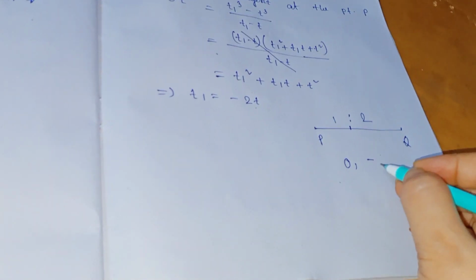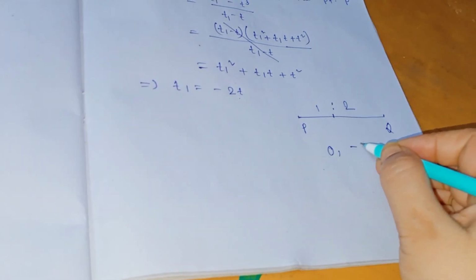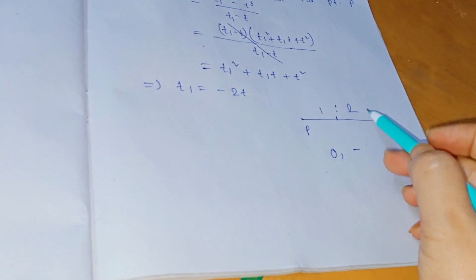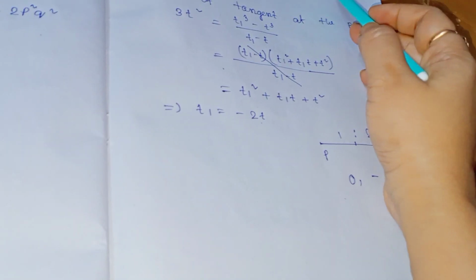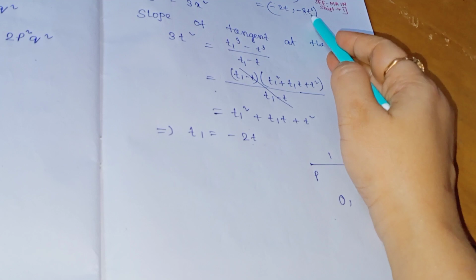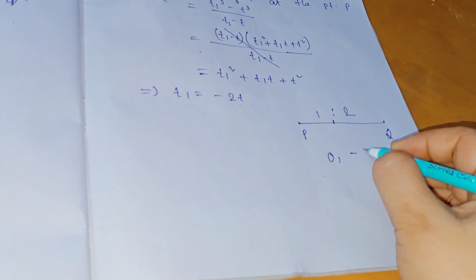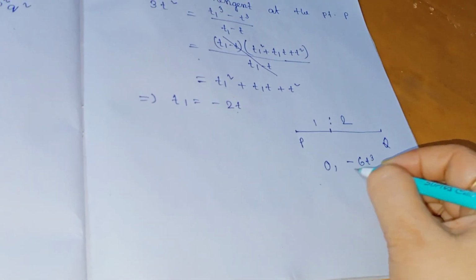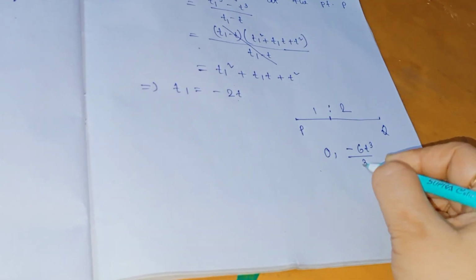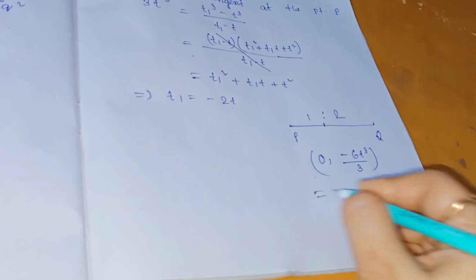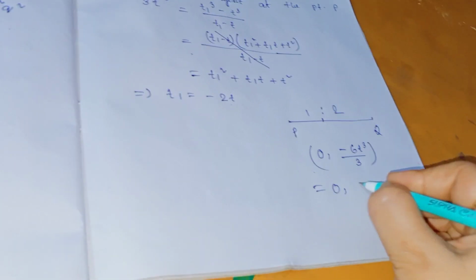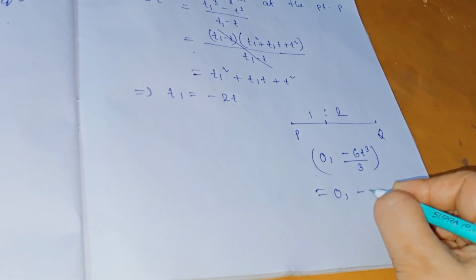So now it is 2t cube minus 8t cube, so it is minus 6t cube divided by 3. Now 0 comma, it becomes minus 2t cube.